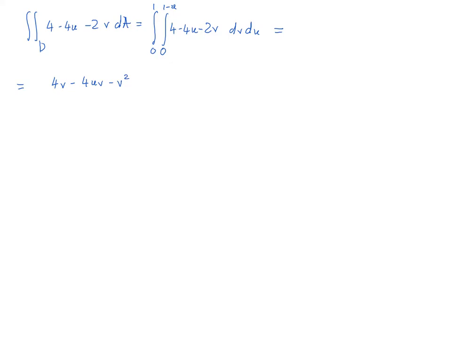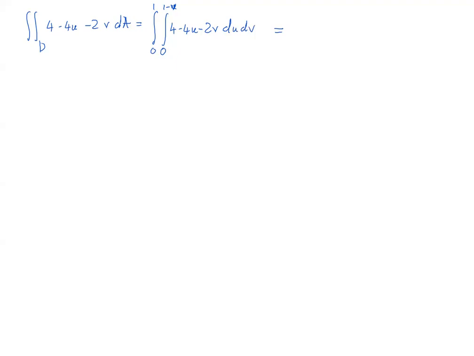And this will have to go from, actually, I think we had it the other way now. So it was 1 minus V. Yeah. So I'm sorry, allow me to change the order here, because that's how I gave the domain. So we put du first and then dv.